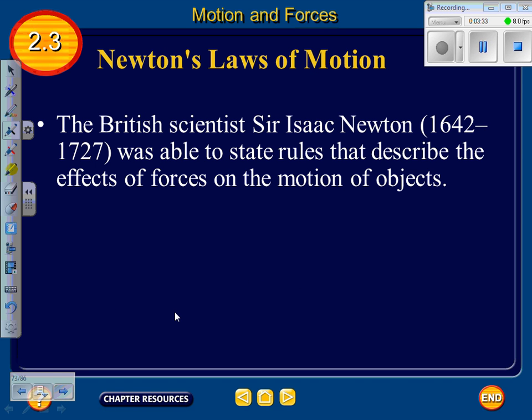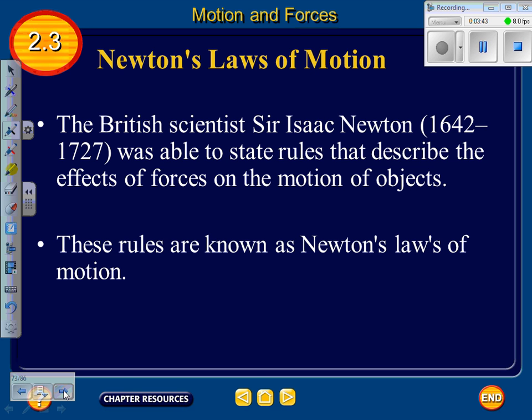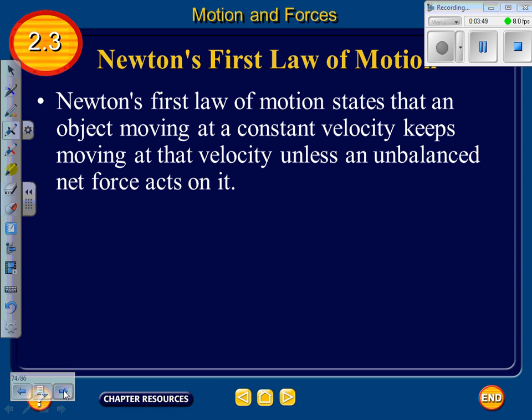And this leads to Newton's laws of motion. British scientist Sir Isaac Newton was able to state rules that describe the effects of forces on the motion of objects. These rules are known as Newton's laws of motion. Newton's first law of motion states that an object moving at a constant velocity keeps moving at that velocity unless an unbalanced net force acts on it.